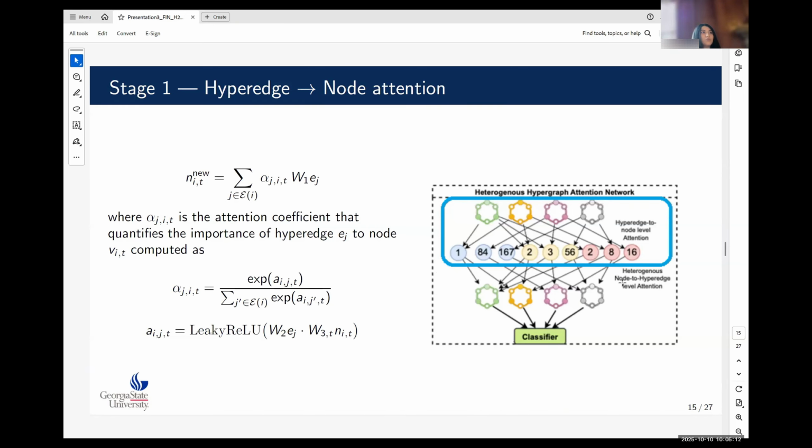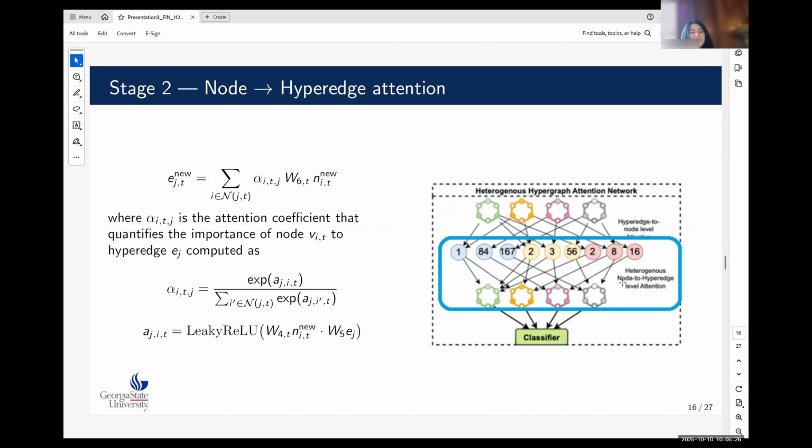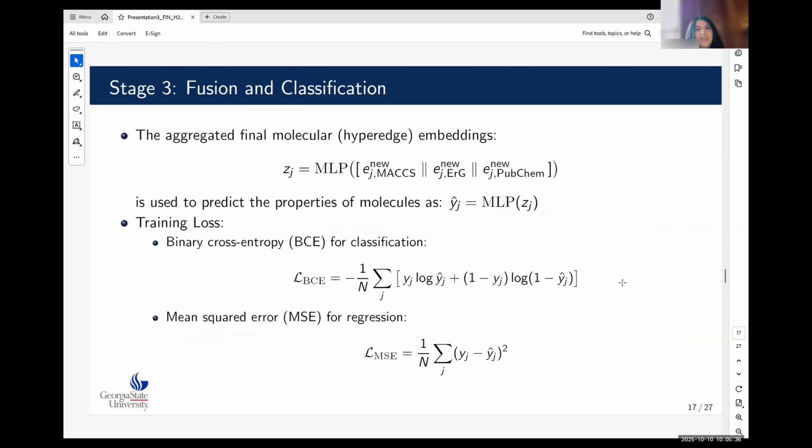So each substructure will get the information of its molecule, and it is weighted, so we get the most important molecules for each substructure. In the next stage, the information flows from the substructure to the molecules, so it's weighted too, and we're getting the most important substructure for each molecule. And then we combine everything and pass it to classification.